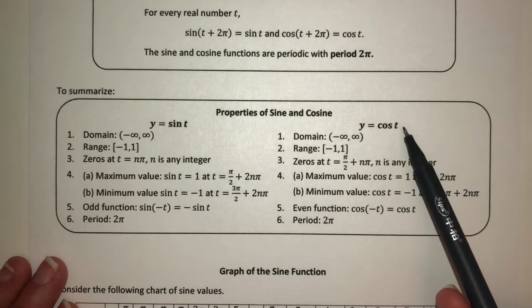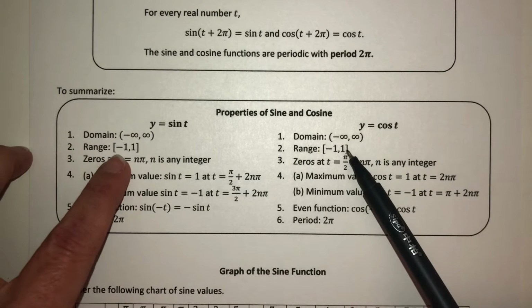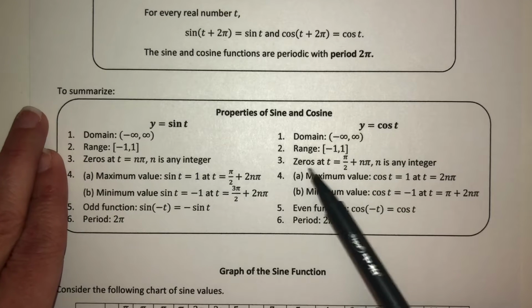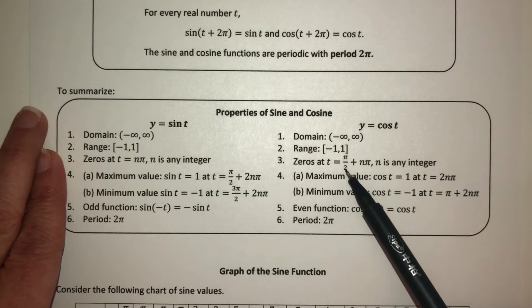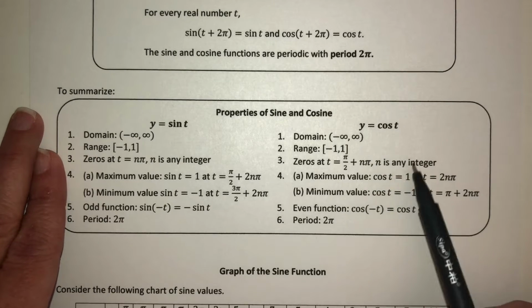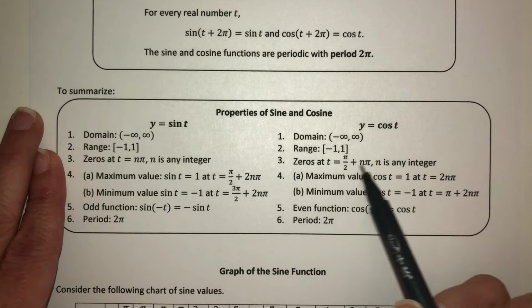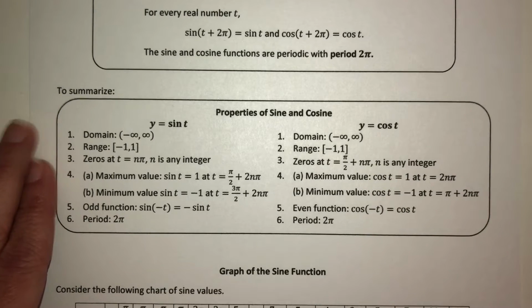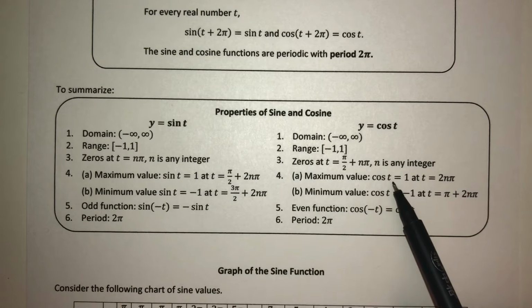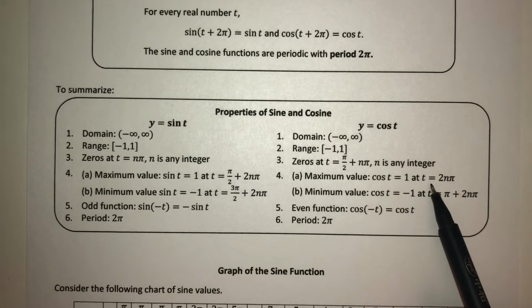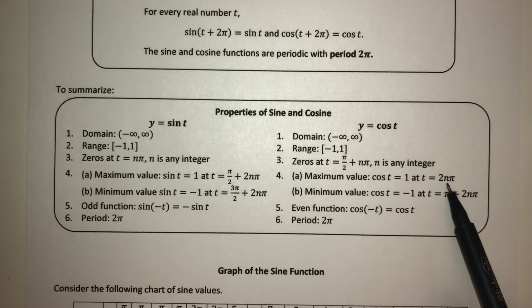Now for cosine, our domain and our range are the same as here. We've talked about how we have zeros at pi over 2, and then every multiple, we can add pi to that every time. We have a maximum value of 1 at t equal to 2n pi, where n is any integer.